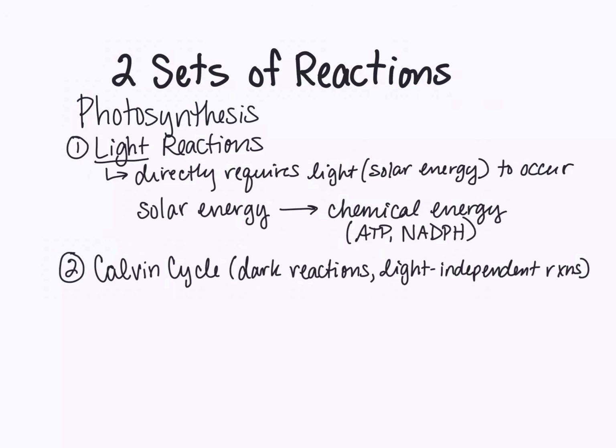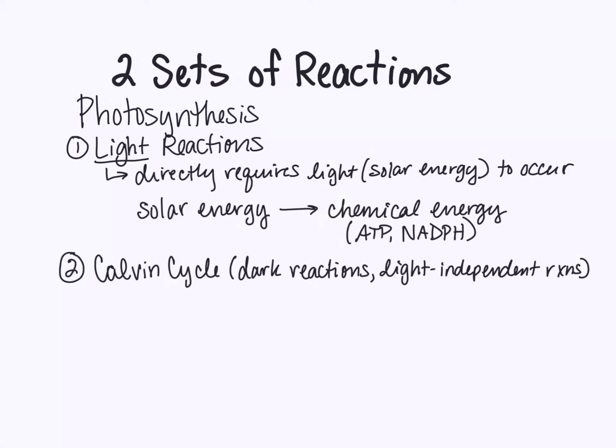But these terms, the dark reactions and the light independent reactions, are not very good at really describing what's happening because the light reactions have to happen before the Calvin cycle can occur. So they're not really light independent because they're dependent on the light reactions or the products of the light reactions in order to occur. And calling it a dark reaction is not really very descriptive either because these reactions can occur when the sun is out or they can occur in the dark.